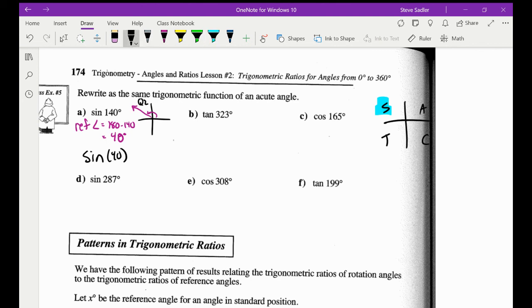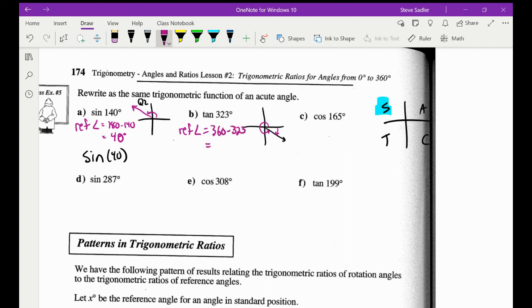Tan of 323. So let's have a quick draw here. 323 is somewhere over there. So that's going to be our angle, and our reference angle is going to be that. So in this case, the reference angle is going to be 360 minus 323.